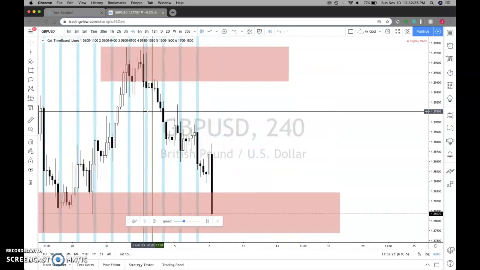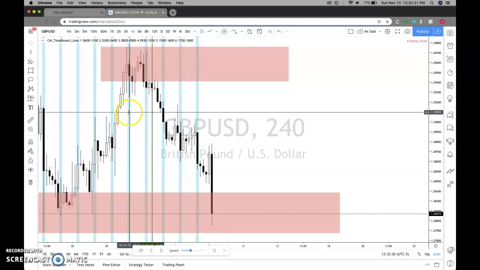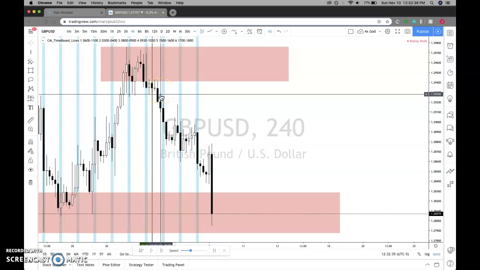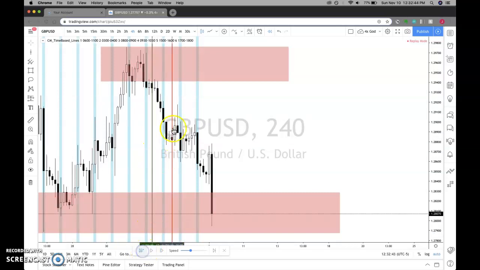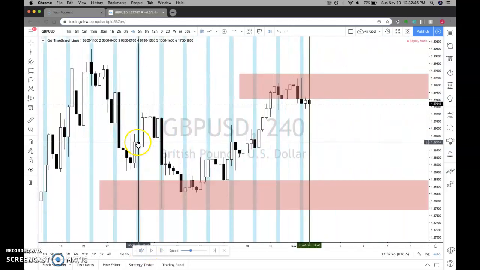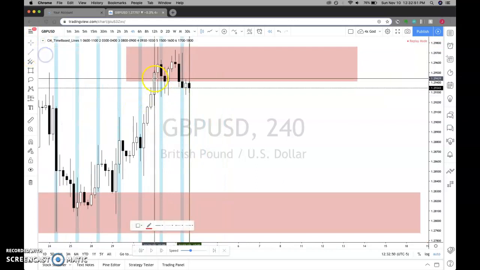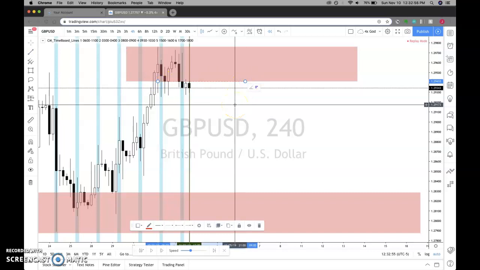Alright. So, let's see. It would have been like right here. Yeah. So if I look closely, we got a break of, I mean, that could be either a high or low, or it's at least H4 support.